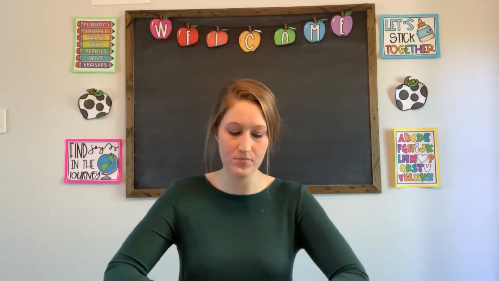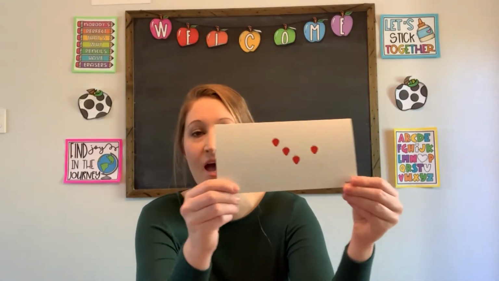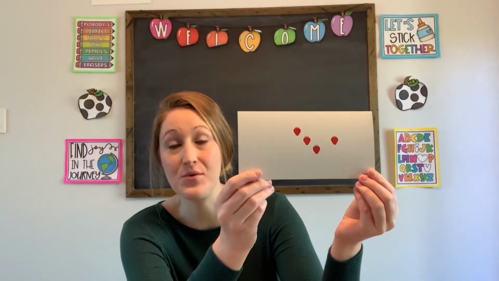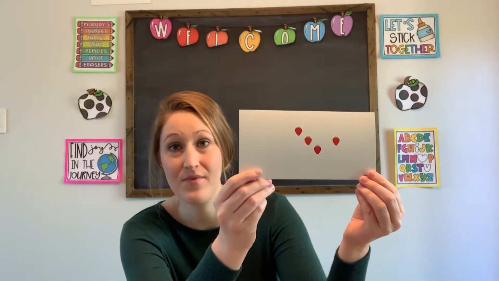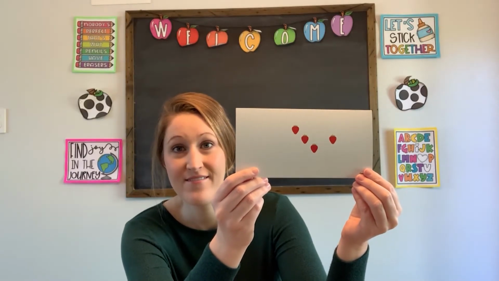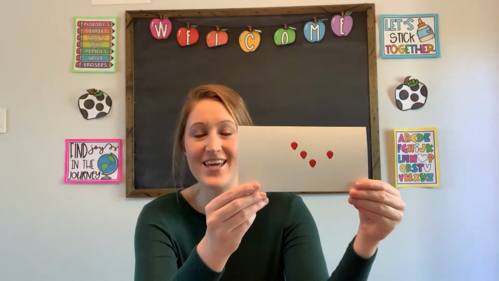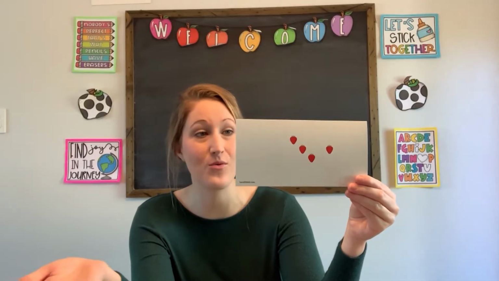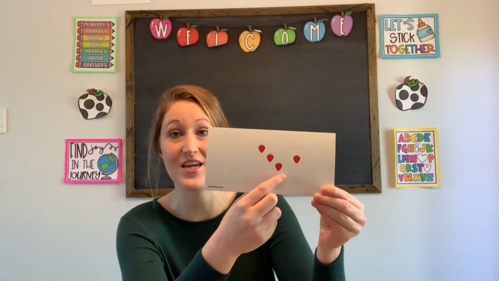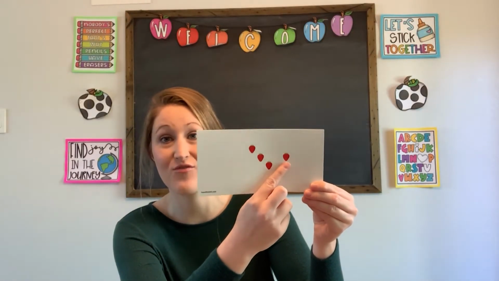Let's try another one. Oh, here's some more strawberries. How many strawberries do you see on this card? Awesome! There are 4 strawberries. And again, you could have seen it in many different ways. You could have seen 3 and added on 1 more to make 4.